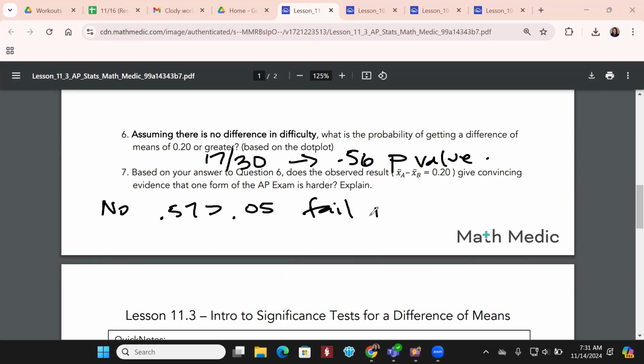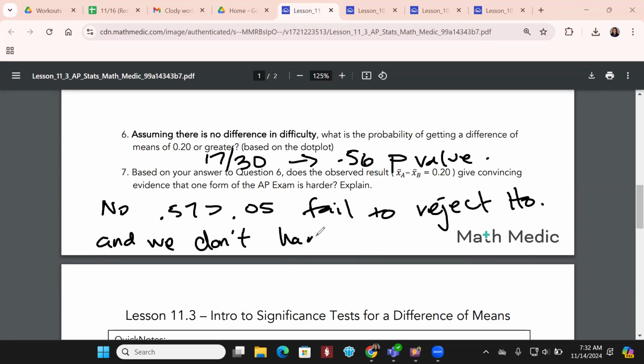We fail to reject the null. And do we have convincing evidence or not? We don't. We don't have convincing evidence that one form is harder.